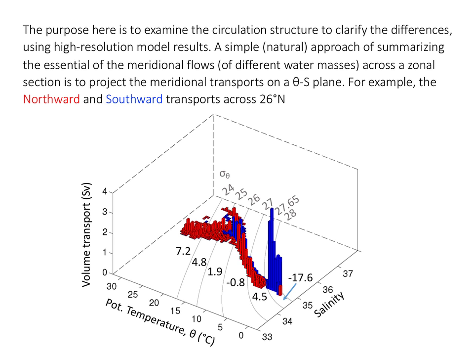One simple, natural approach to summarizing the essence of the meridional flow of different water masses is using a so-called projected transport on TS, the water mass plane. For example, as shown here, the northward and southward flow in red and blue across 26 north.